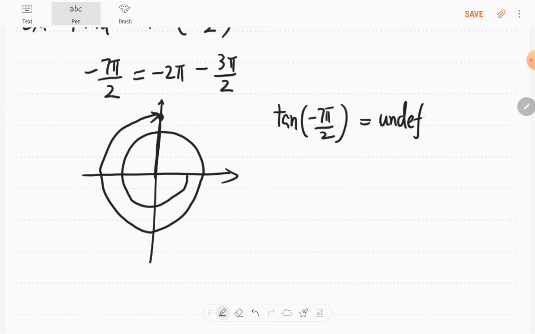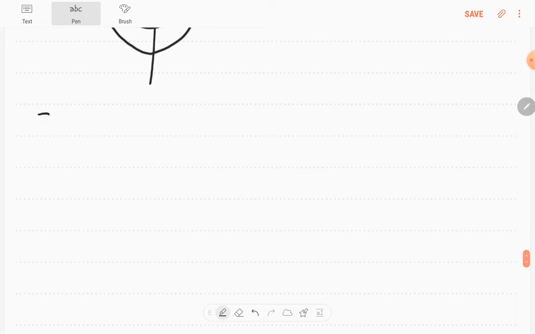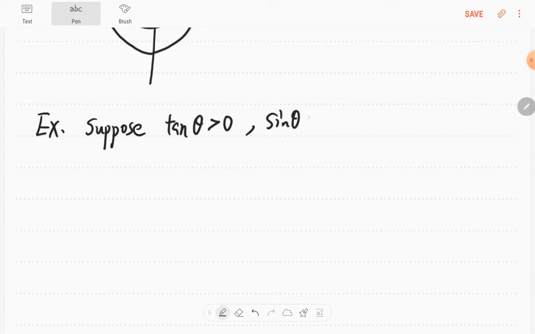Undefined because tangent is y over x, but the x coordinate is always 0 when the terminal side is on the y-axis. Okay. Now let's look at another one, which is about the sine. So suppose tangent is greater than 0, and sine theta is less than 0.